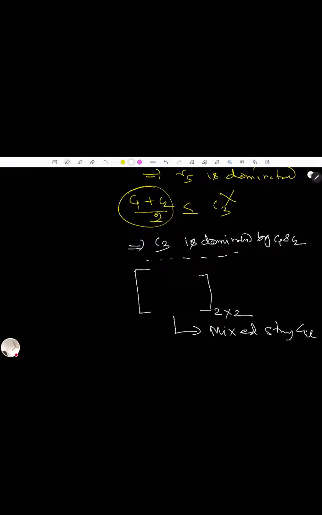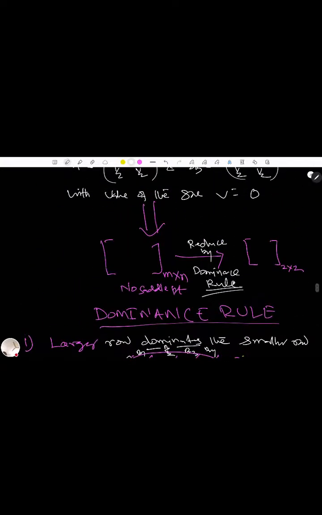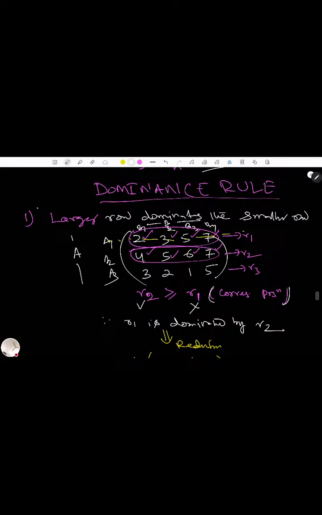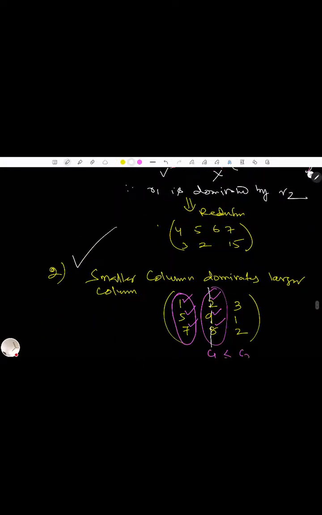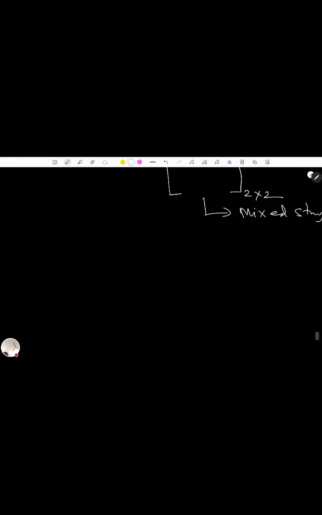So now the thing is that the higher order matrix can be reduced to a 2x2 matrix subject to rule 1, rule 2 and rule 3. The situation may be there that it is not dominated, right?